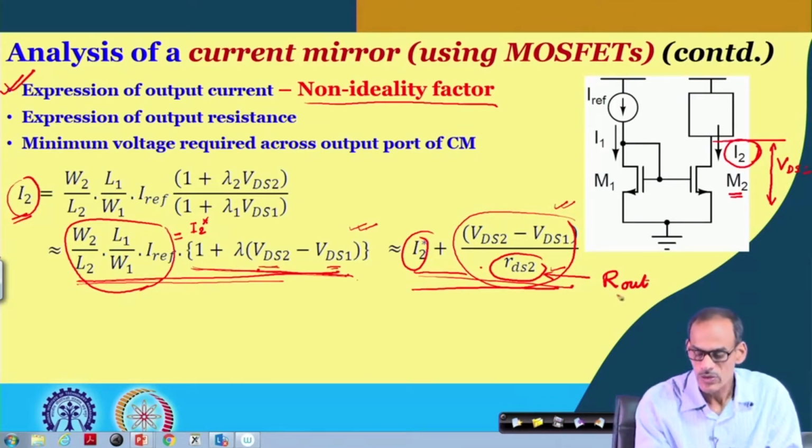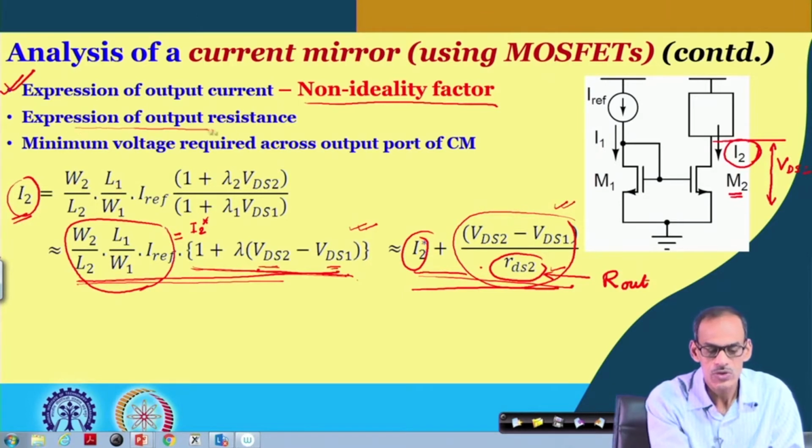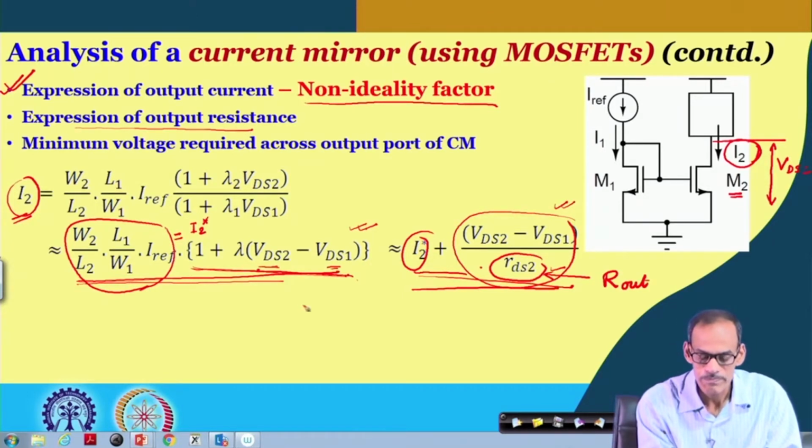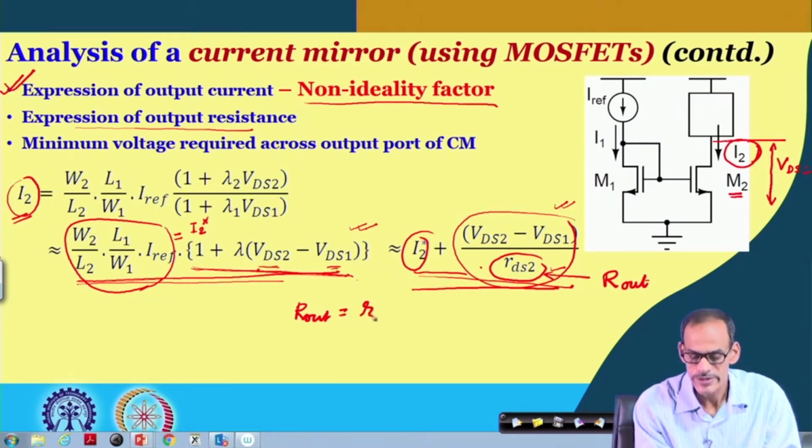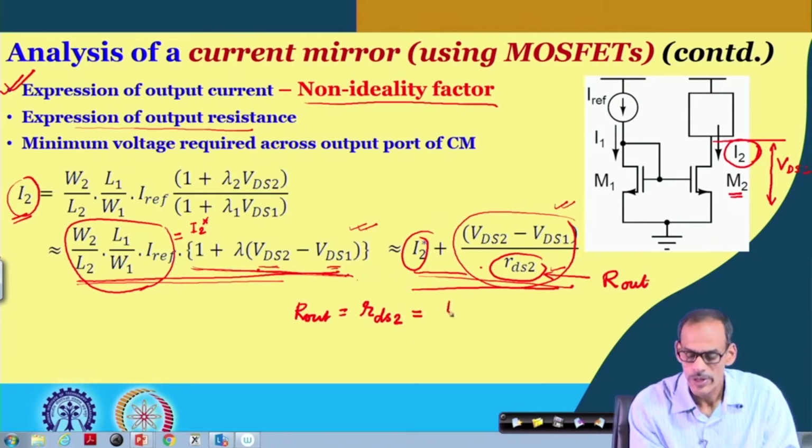So, the expression of R out of this current mirror, which in this case incidentally is the same as RDS 2, is equal to 1 by lambda of the transistor multiplied by I 2 nominal, I 2 star.